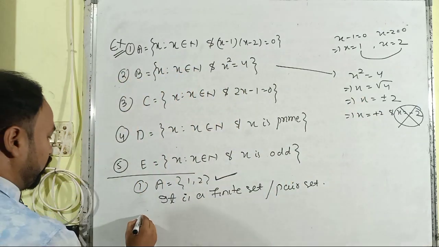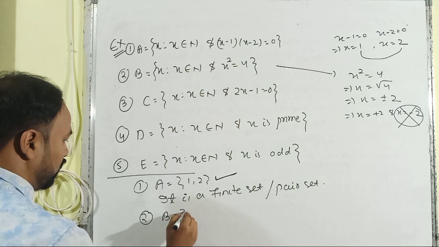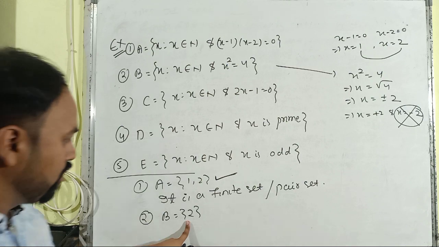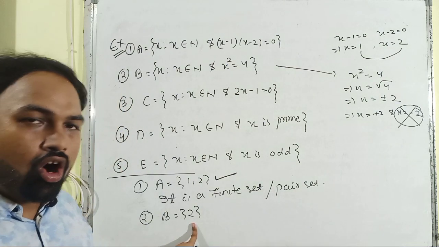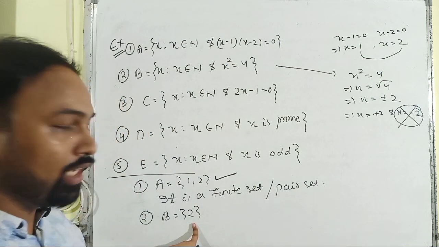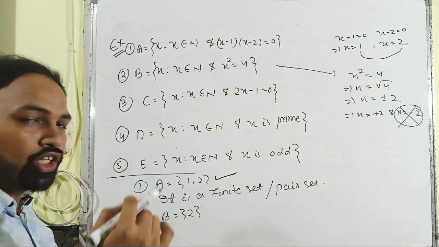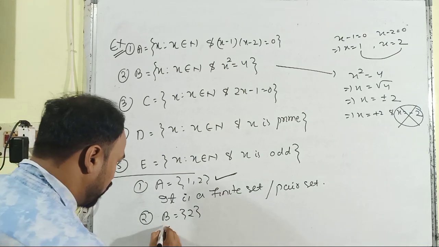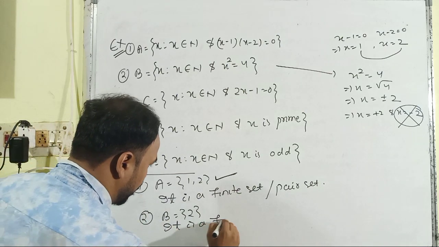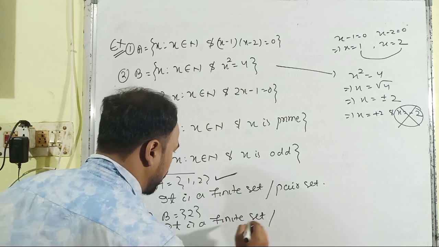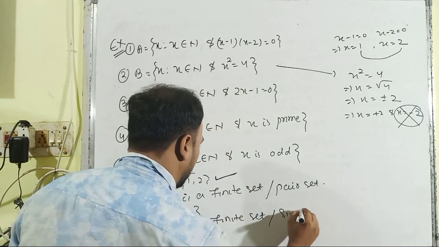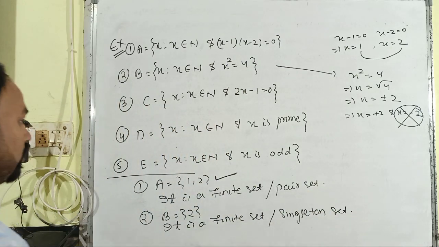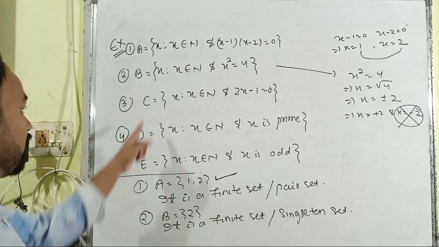So the required set B is the set with the only element 2. You can represent it as a finite set, or also as a singleton set, because the definition of a singleton set says that it is a set having only one element in it. A singleton set is also one type of finite set. So these are the solutions of the first and second parts.